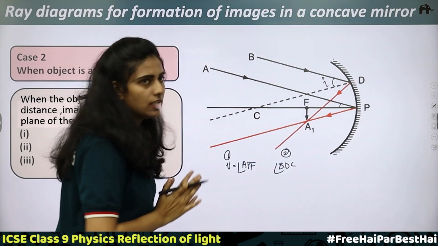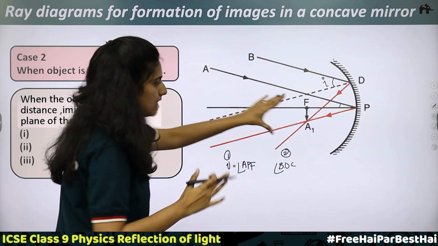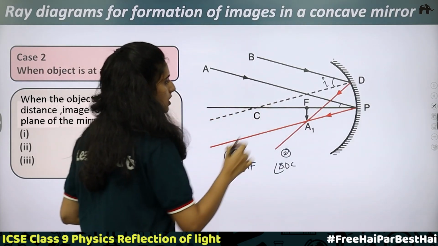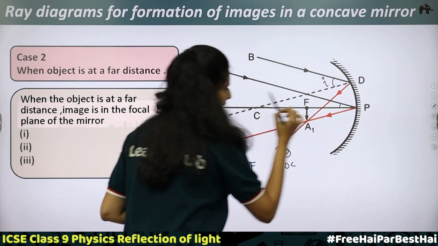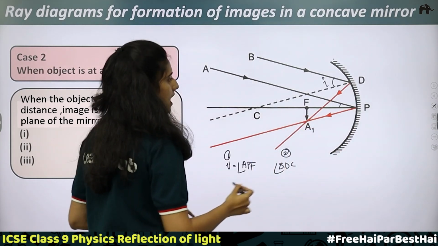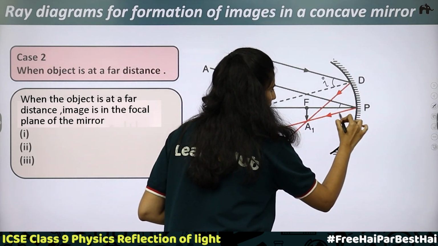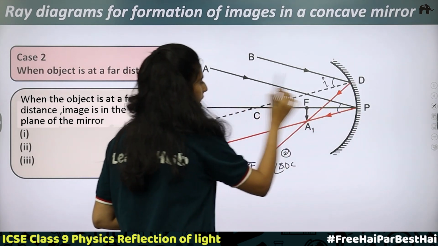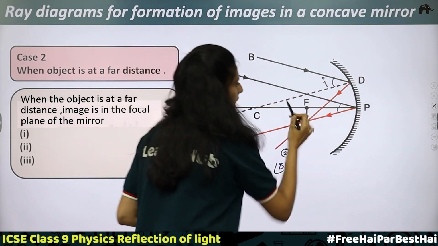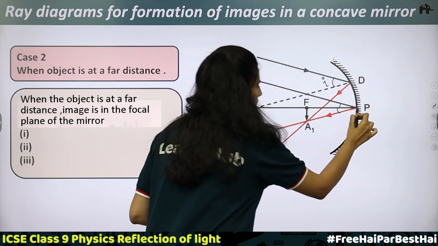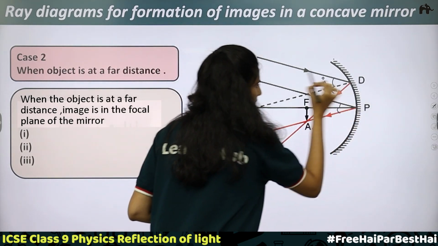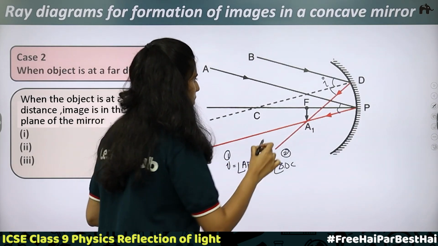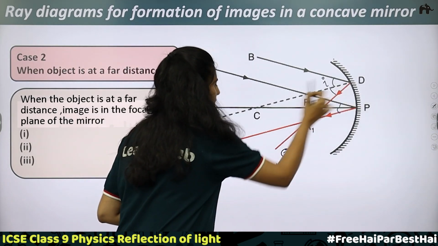Now what about the reflected ray? The reflected ray will make the same angle. We know this. So here in the first case, you can see the reflected ray is PA dash. It is making an angle that is equal to the angle APC or APF. Both are the same. So this is the first reflected light ray. The second reflected light ray will make this angle. The angle of reflection will be equal to A1DC.